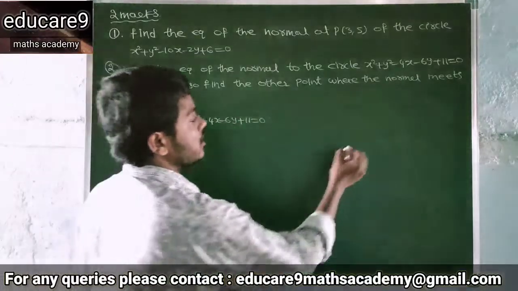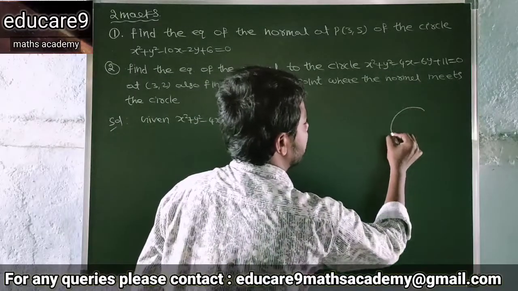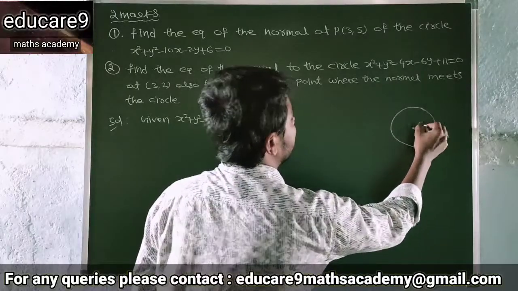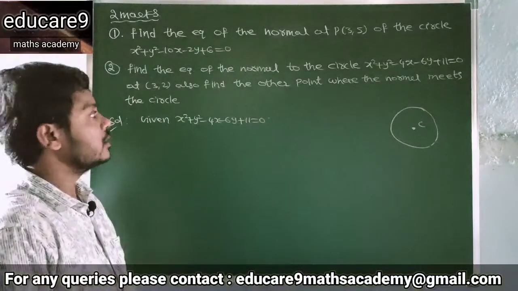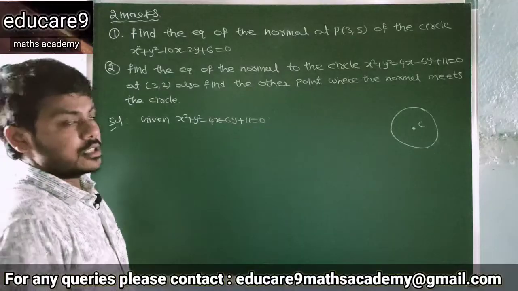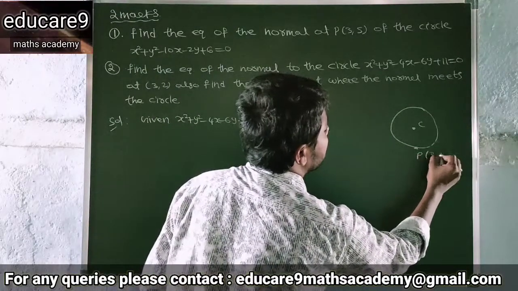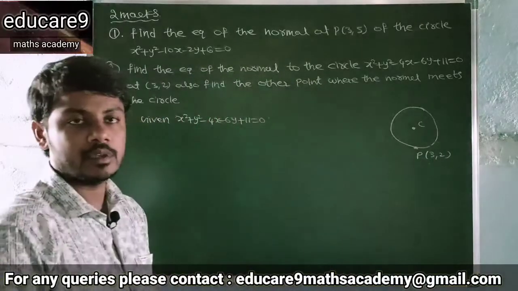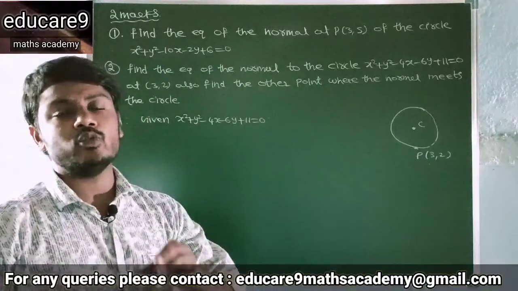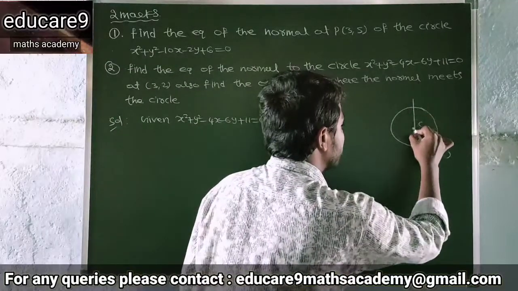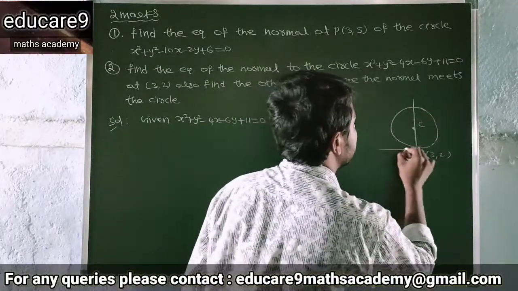So this is the given circle and this is the center of the circle. Suppose P be any point on the circle, that is (3, 2). At that point we have to draw the normal. Clearly the normal always passes through the center.